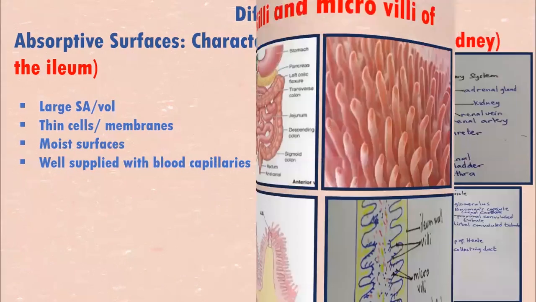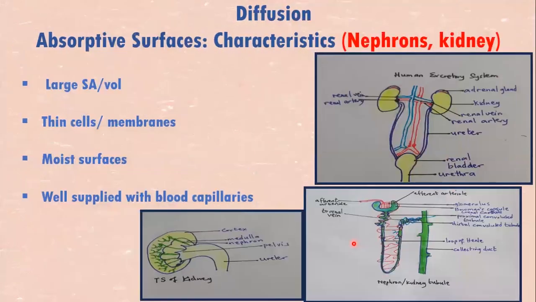Very neat. We want to look at another absorptive surface, which is the nephron of the kidney. Now, these are the two kidneys, one here, one here. This is a section through a kidney. You have the cortex, you have the medulla, you have the pelvis.